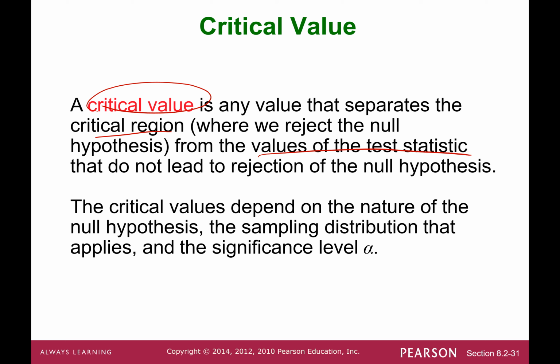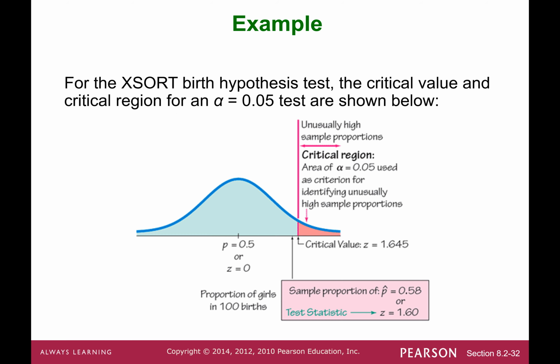The critical value depends on the nature of the null hypothesis, the sampling distribution that applies, and the significance level alpha. So alpha is very important. For the XSORT birth hypothesis test, consider the critical value and the critical region for alpha equals 0.05. This is a right tail test, so on the right tail this area is 0.05. The area to the left is 0.95.